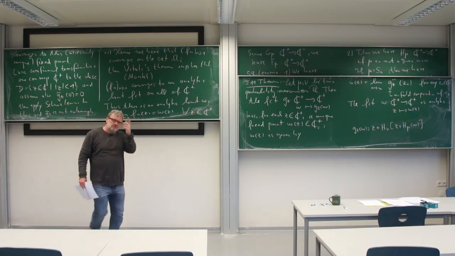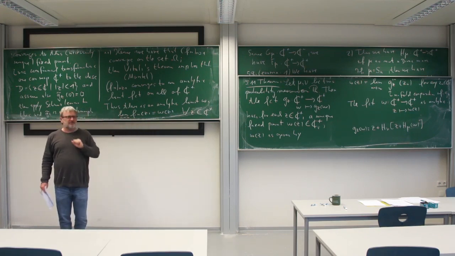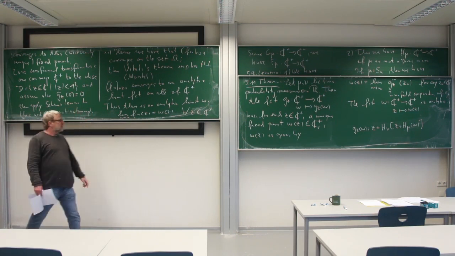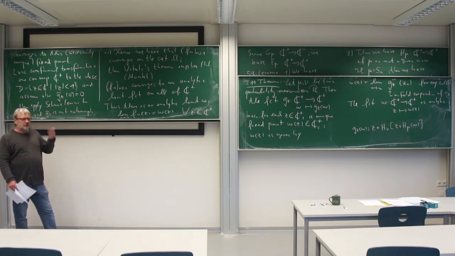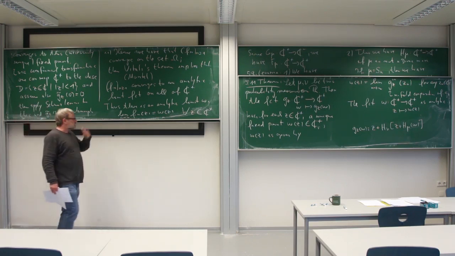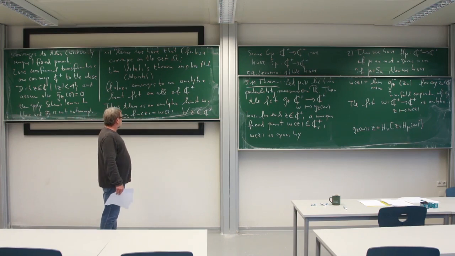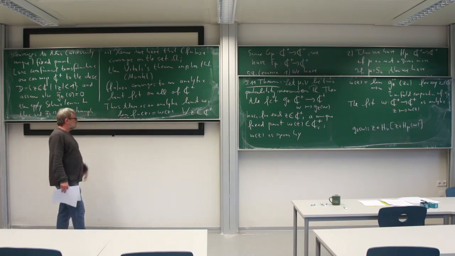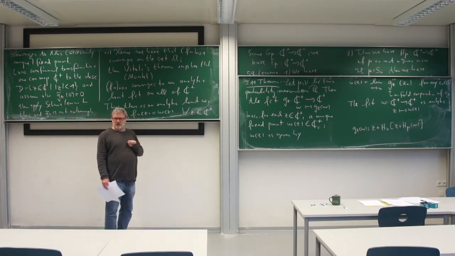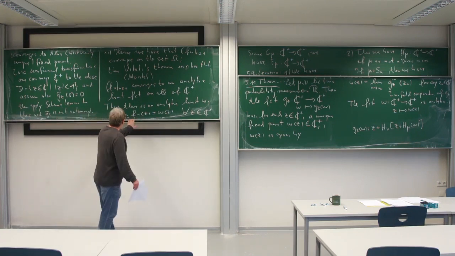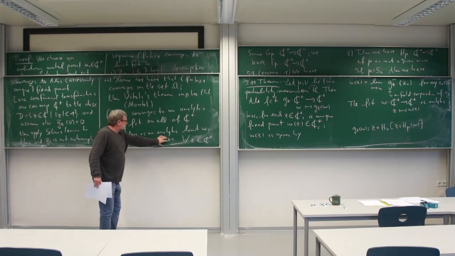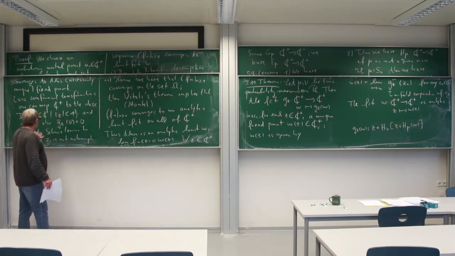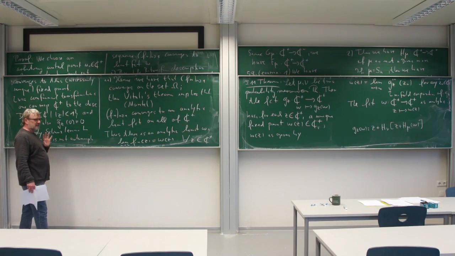And I mean, one has to exclude somehow that this limit... the Fn's are mappings from the disk to itself, so they are all in the open disk, but of course if you have a limit, this might land on the boundary. So you have to exclude this, but this is the maximum principle, that the maximum can only be attained on the boundary, and in this case your function had to be constant. Okay, but we know that this function here is not constant, because you can see that it cannot be constant on this set omega.